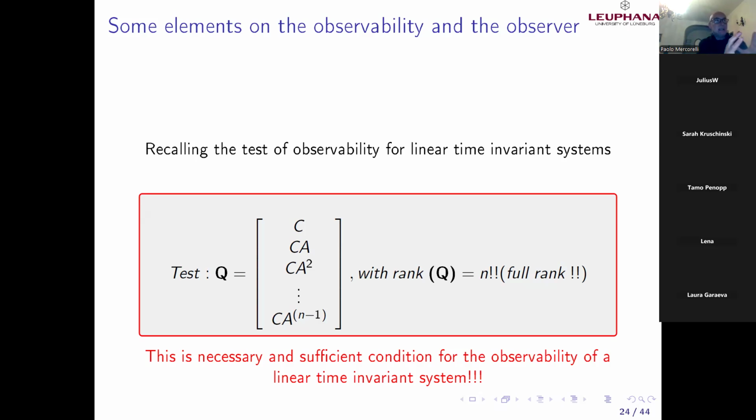Therefore, C is present at the beginning without multiplying A, and then multiply A up to A to the n minus 1.